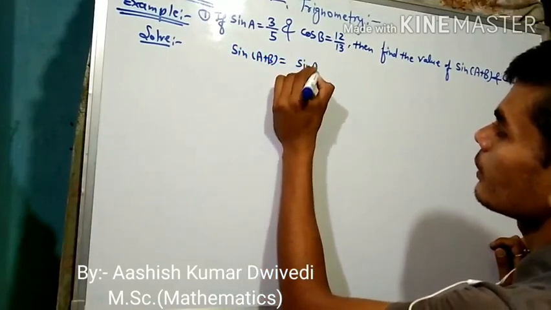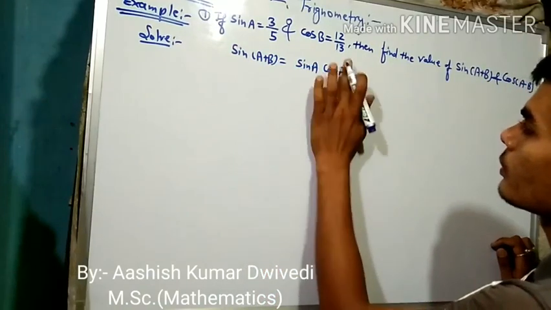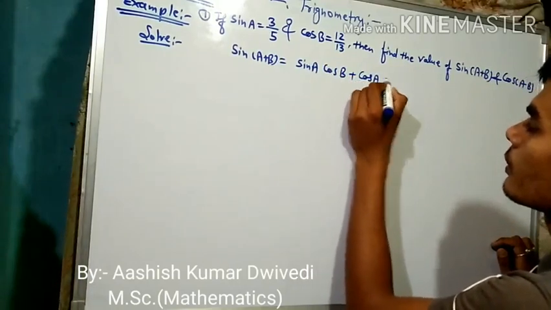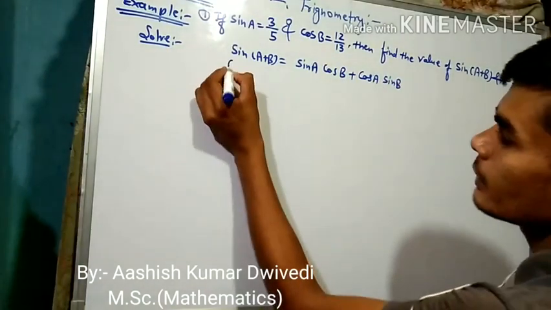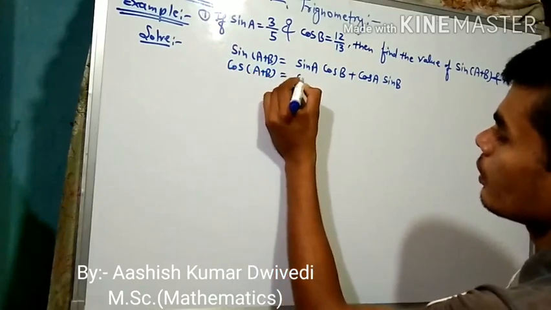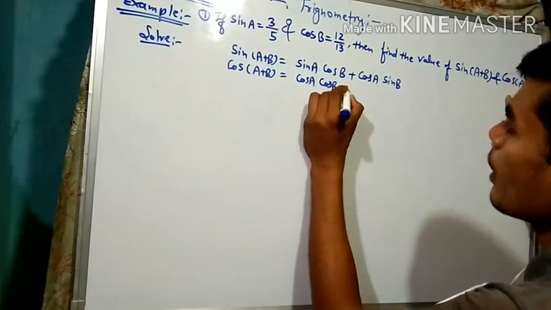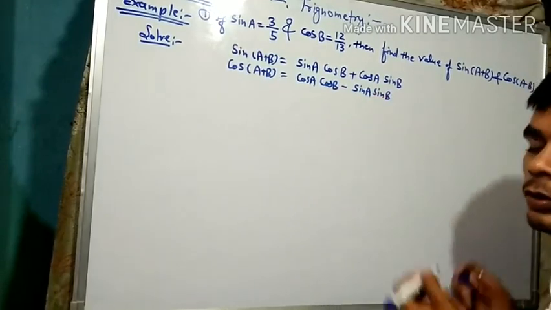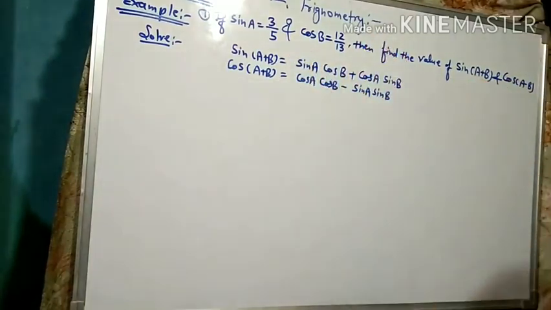Sin(A+B) equals sin A cos B plus cos A sin B, and the second is cos(A+B) equals cos A cos B minus sin A sin B.